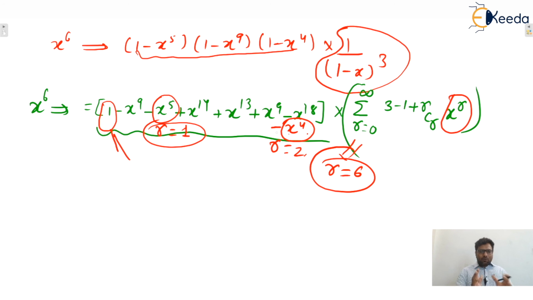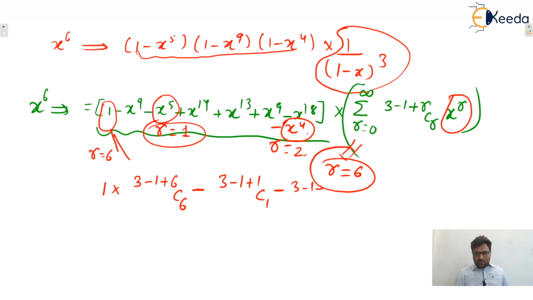Now multiply the coefficients of this one. So this one is multiplied when r value is 6, then 3 minus 1 plus 6 C 6. The next is x power 5, here minus is there, that is multiplied when r value is 1. So r value 1 means 3 minus 1 plus 1 C 1, and this x power 4, again minus is there, and when r value is 2, this becomes 3 minus 1 plus 2 C 2, isn't it?